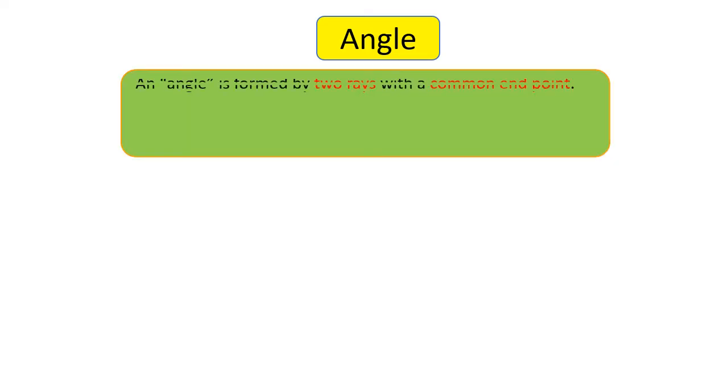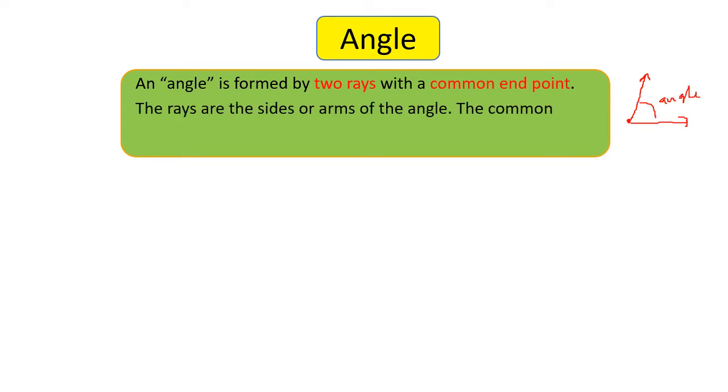Now let's discuss angle. An angle is formed from two rays which have a common endpoint, right? So there is a common endpoint here. Look at the diagram, and you have one ray this side, one ray that side. This part is called an angle. Okay, so the rays are called arms of the angle, and the common point is known as the vertex of the angle.